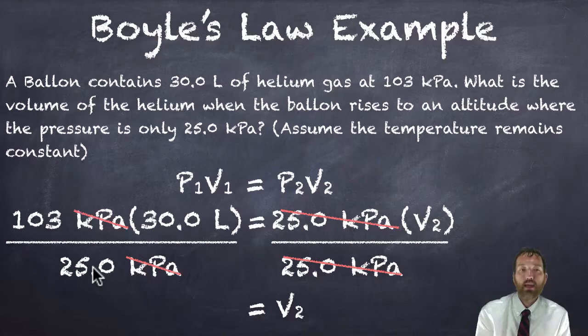So you need to be savvy with your brackets, or just hit enter after every line. 103 times 30, enter, divided by 25. Or you could do open bracket, 103 times 30, close bracket, divided by 25, enter. Your choice, but this is a pretty easy math problem. Don't mess it up by pushing the calculator buttons incorrectly. If you do it correctly, your answer will be 124 liters.